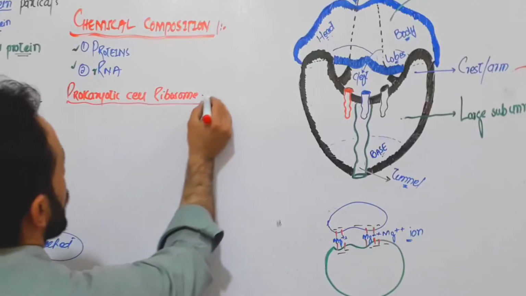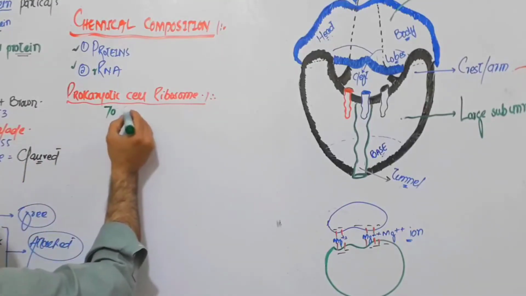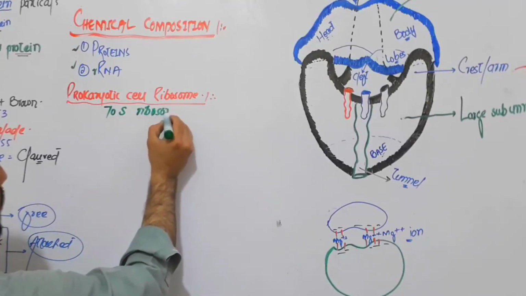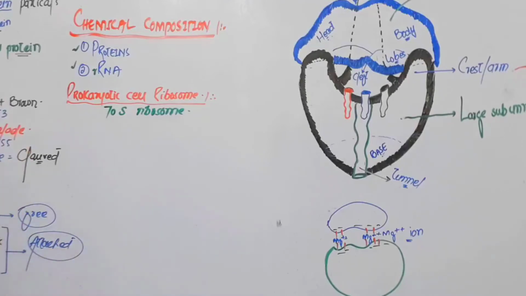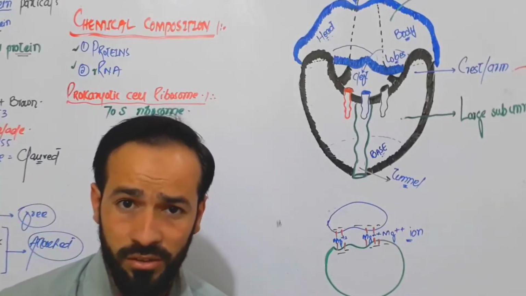Done. So you know that in the prokaryotic cell we have the 70S ribosome.